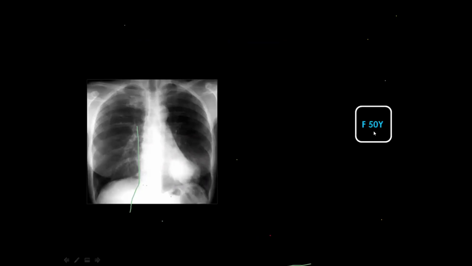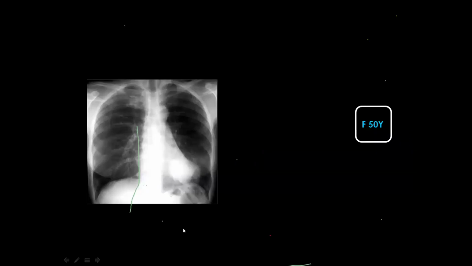Next case is a female patient, 50 years old, with this chest X-ray. Pneumonia or mass, left lower lobe mass, yes.